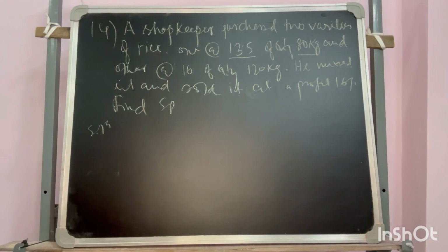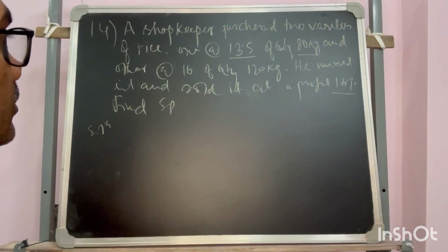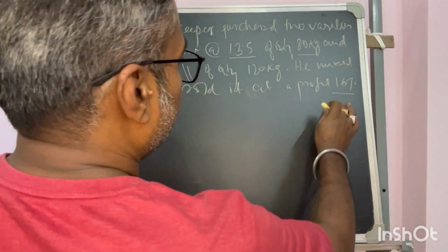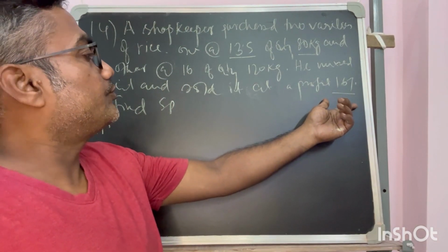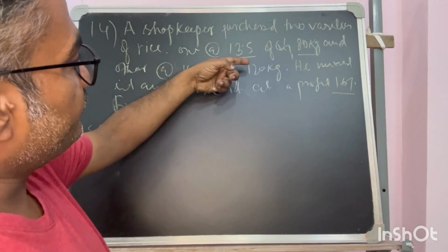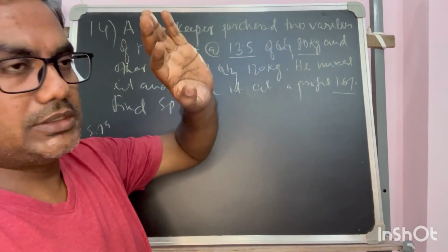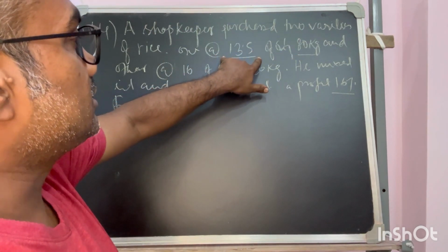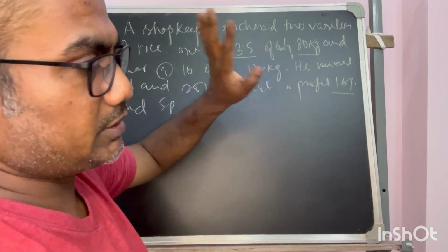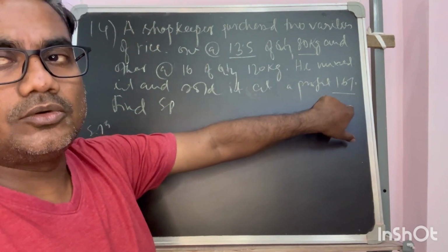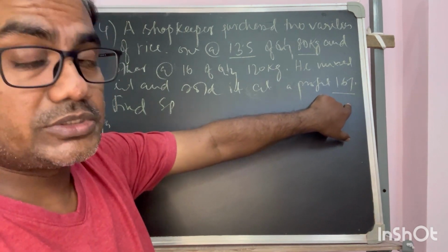then being sold, but this profit is given on the mixture. So that percentage cannot be calculated from the cost price of any individual rice, because this is a price given for a particular rice, and this is a price given for a particular rice, but this is a wholesale profit on the mixture.